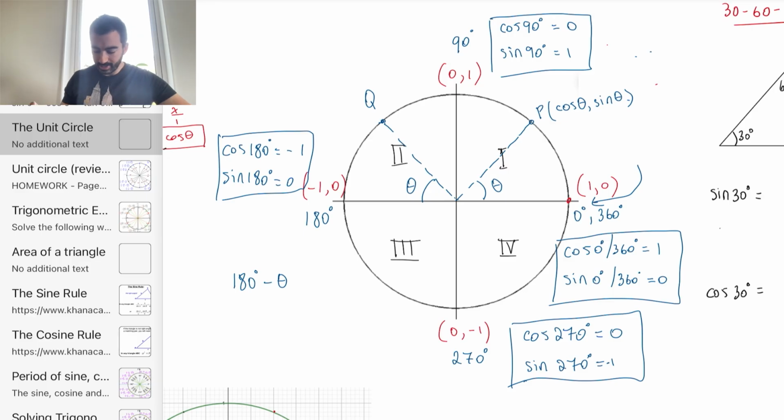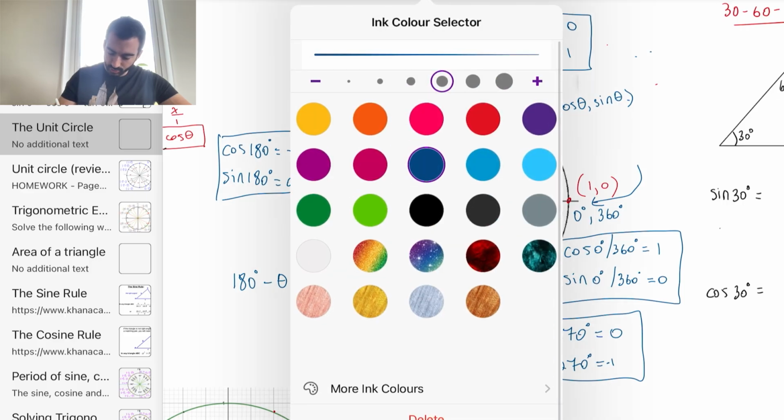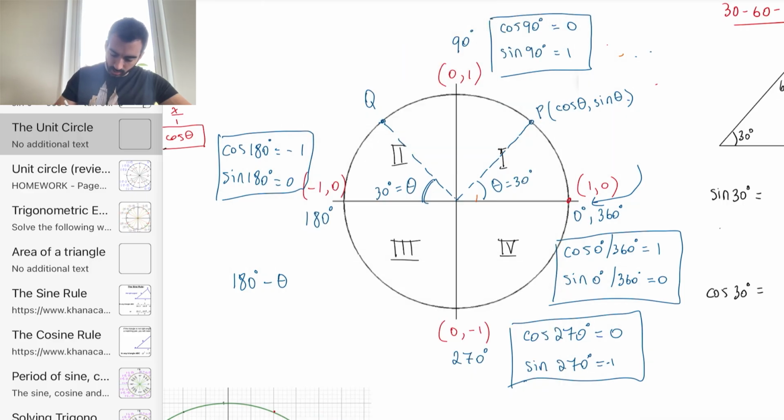So if angle theta is 30 degrees, and this is also 30 degrees, this angle that I'm going to draw now is going to be 180 degrees minus 30 degrees, so this angle here is going to be 150 degrees.